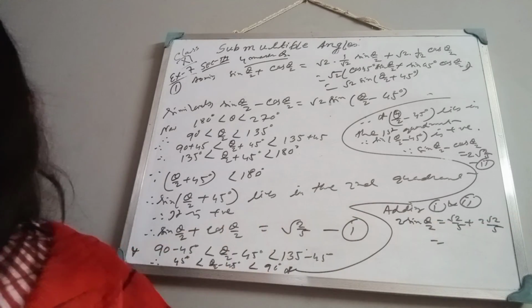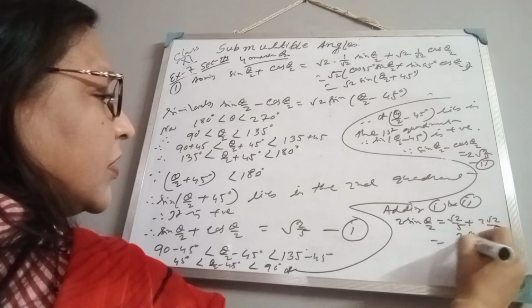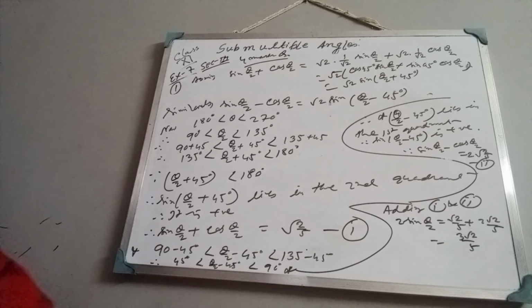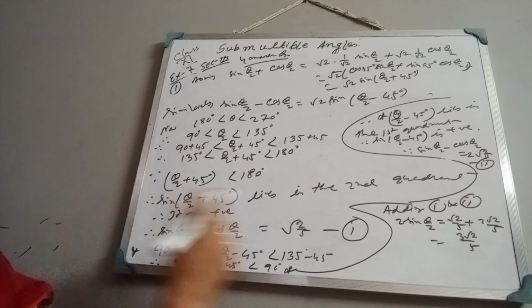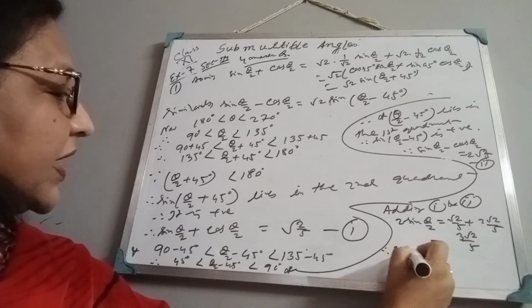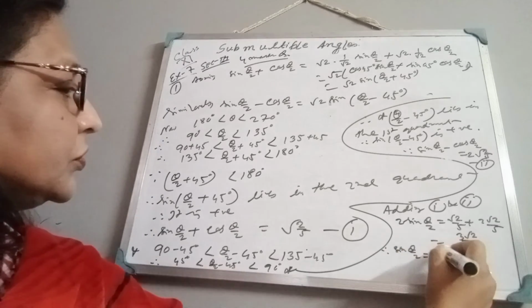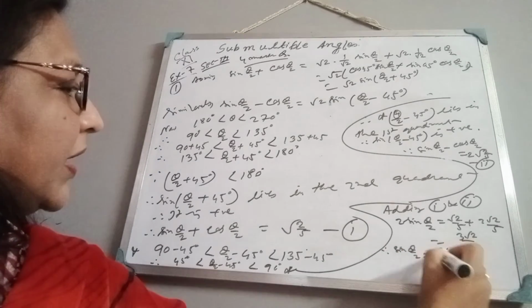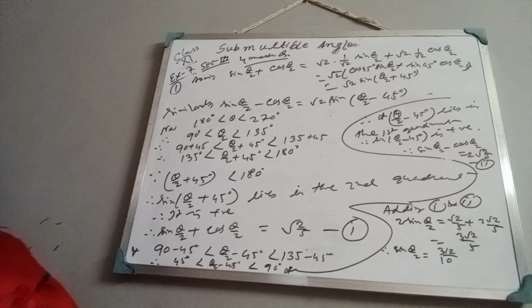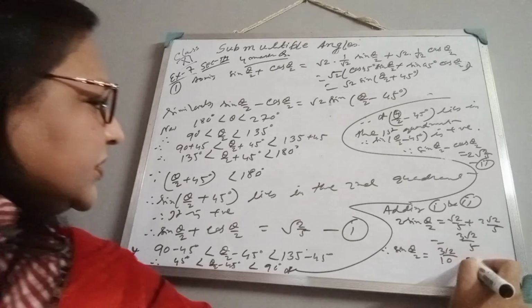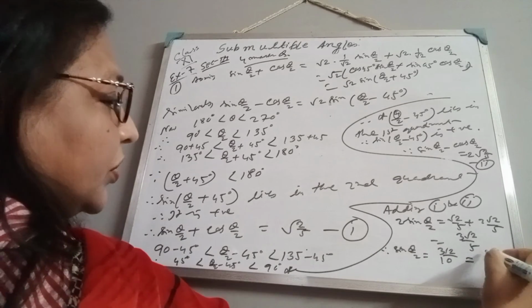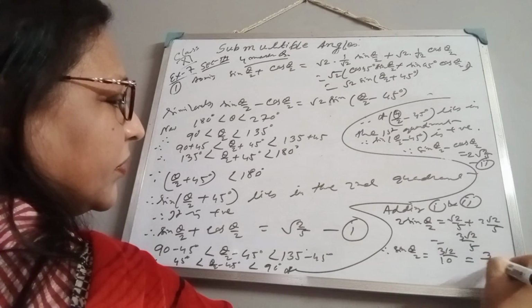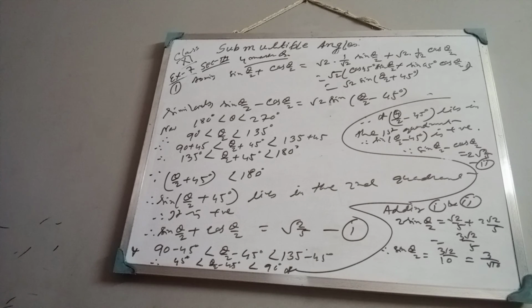So it is coming 3√2/5. So sin θ/2 equals 3√2 by 2 by this. Therefore, sin θ/2 is equal to 3√2/10. That means here it is coming 3/√10. Just do the calculation part.